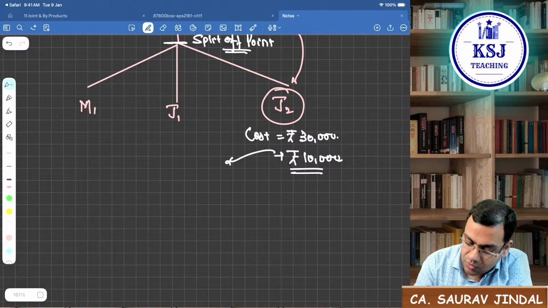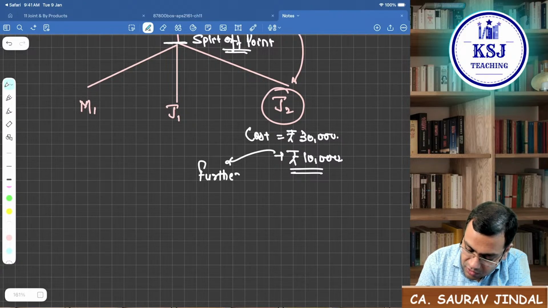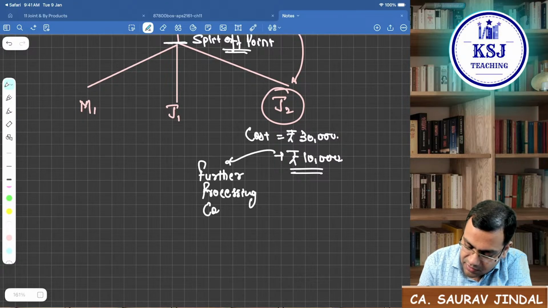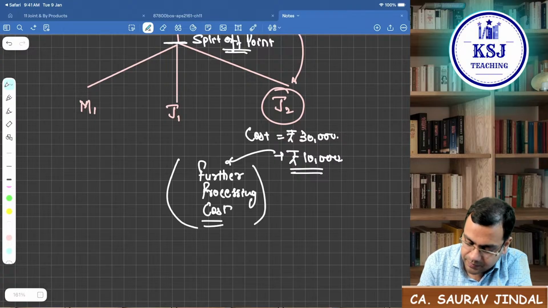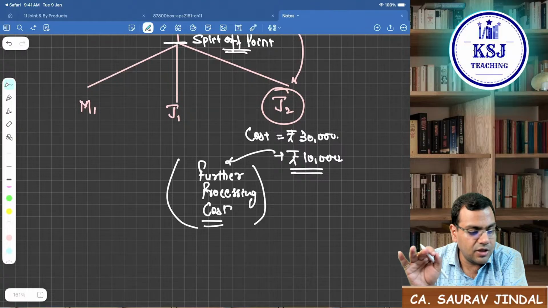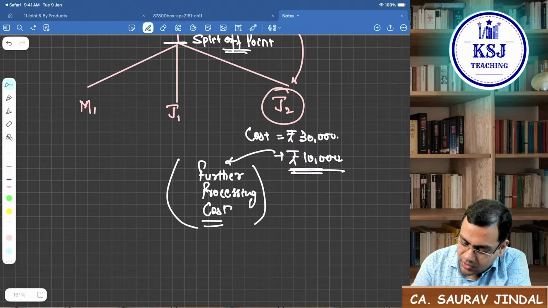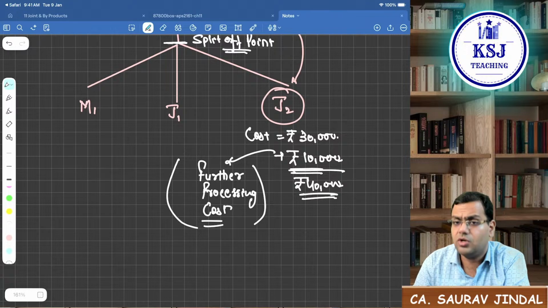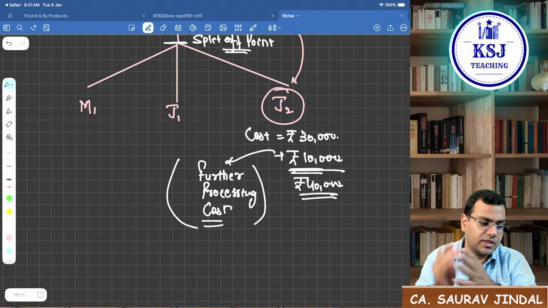This 10,000 rupees, the extra cost beyond the joint cost, we call the further processing cost, FPC. So now your total cost will be 40,000. You might be selling at 40,000, or at 45,000 or 50,000.